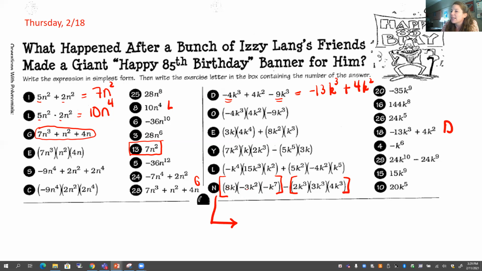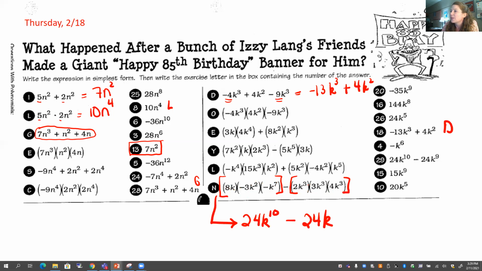So -3 times -1 is +3, and 8 times 3 is 24. And then we're going to add all of those exponents that have a base of k. So 1 plus 2 is 3, plus 7 is 10. Minus, all right, we're multiplying 2 times 3 times 4. So 2 times 3 is 6 times 4 is 24.